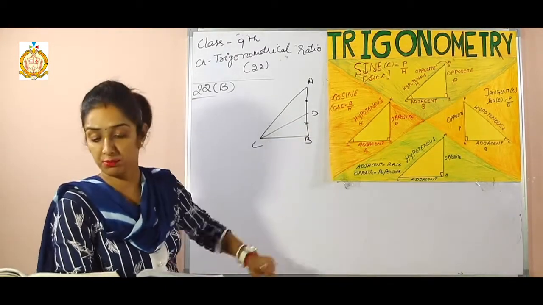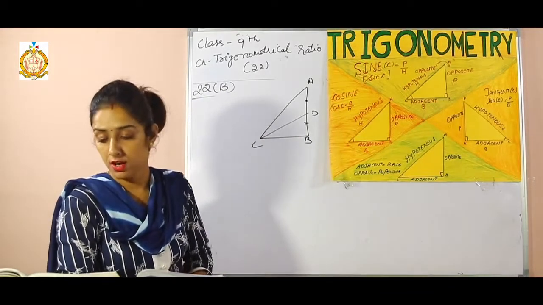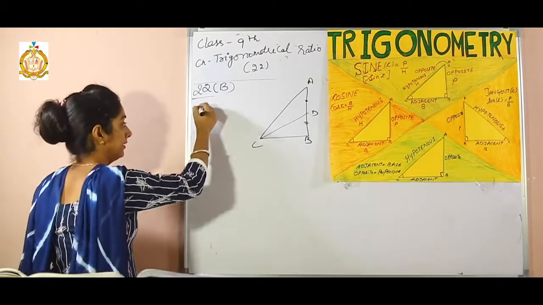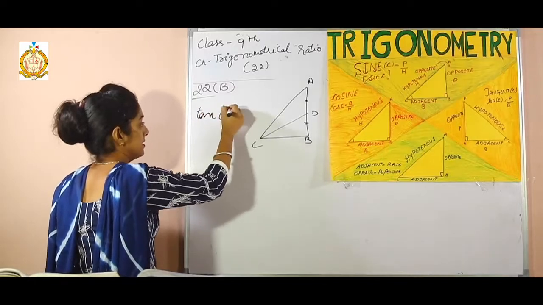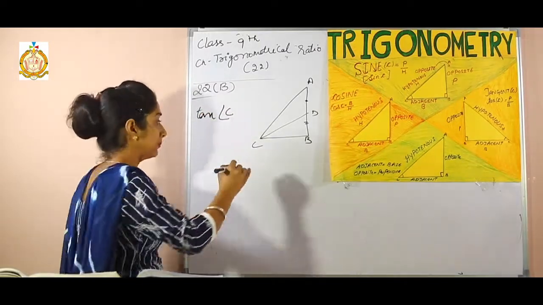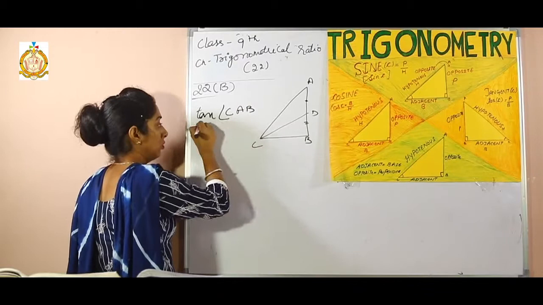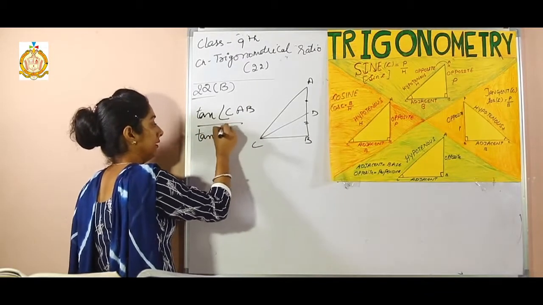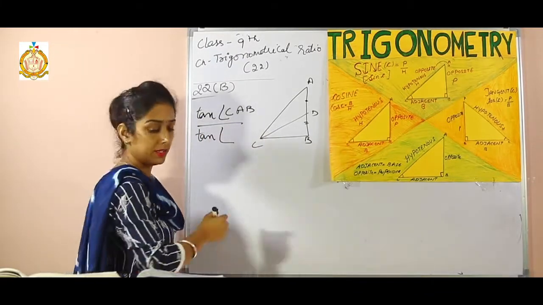D is the midpoint of AC. Find tan CAB over tan CDB.